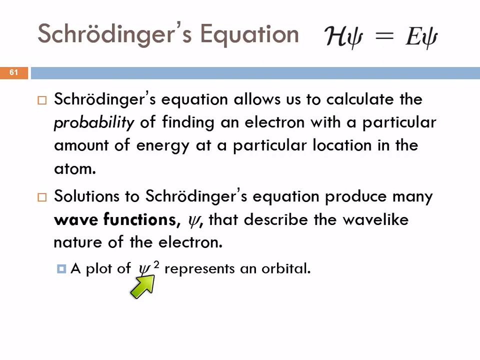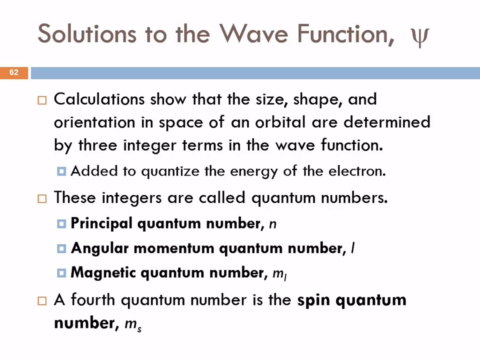If we plot psi squared, we get a three-dimensional representation of an orbital. And so when we calculate these things, we find out that the shape, the size, and the orientation in space of this orbital, this region in which the electron is likely to be, are determined by three integer terms in the wave function.